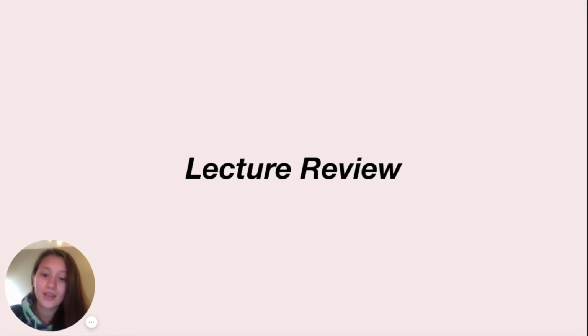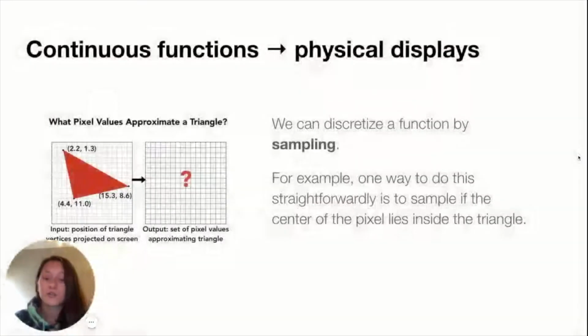Okay, now for some lecture review. So far we've talked about rasterization, which is turning some sort of continuous function into a form that you can display on an actual screen. In order to display something on a screen, we need to discretize our continuous function through what we call sampling.